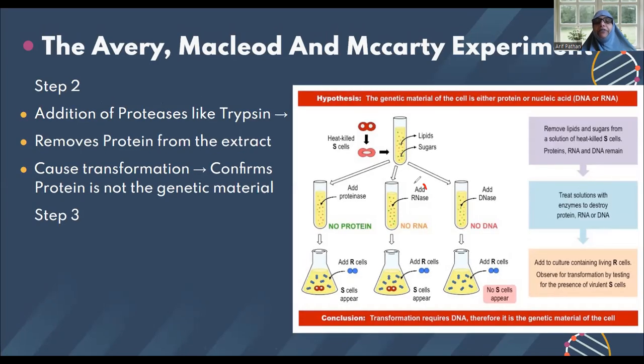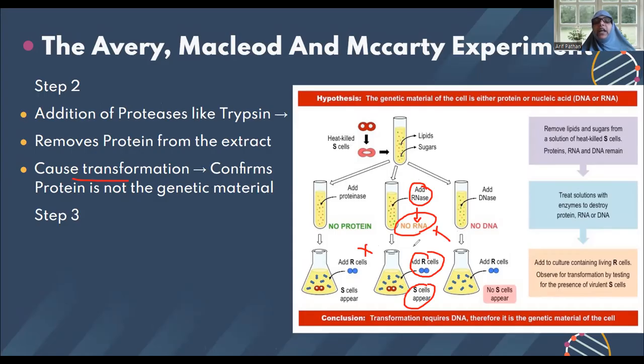If RNase is added and RNA gets broken down, after addition of the rough cells, what was observed is that the S cells appear. So this also caused transformation, which means RNA is also not the genetic material.